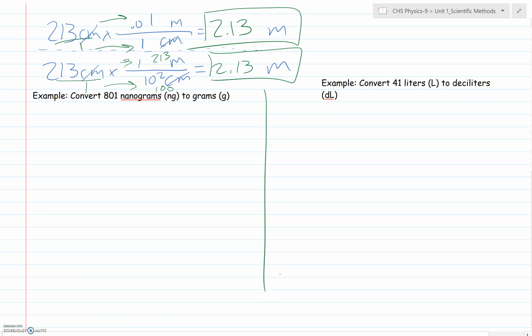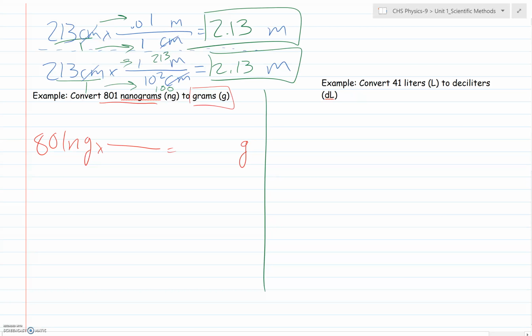All right, so just like all my other problems, I start with what I'm given, which is 801 nanograms. Multiply by a ratio, you end up getting an answer that's ultimately in the units of grams.